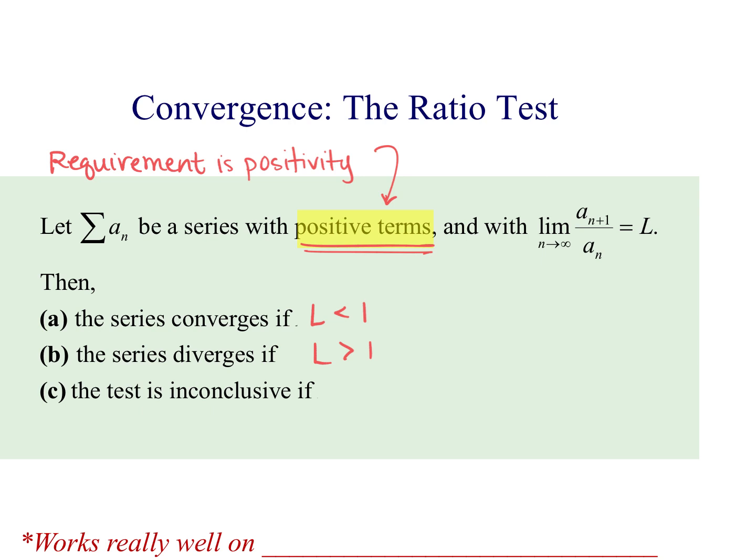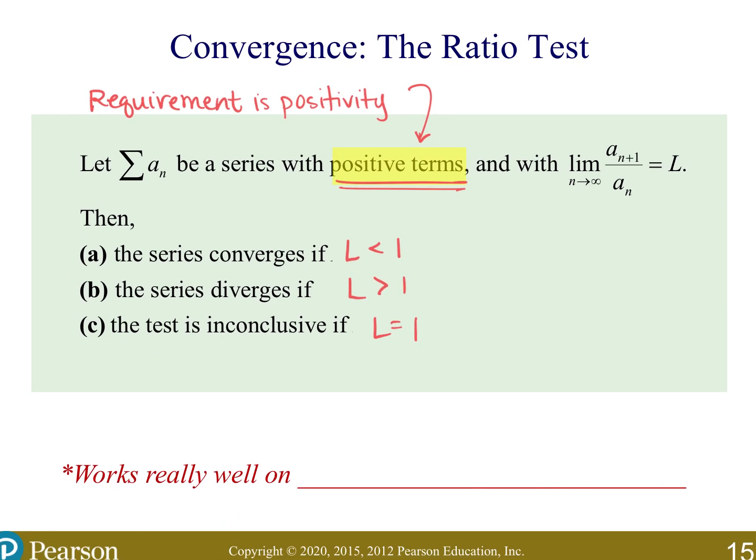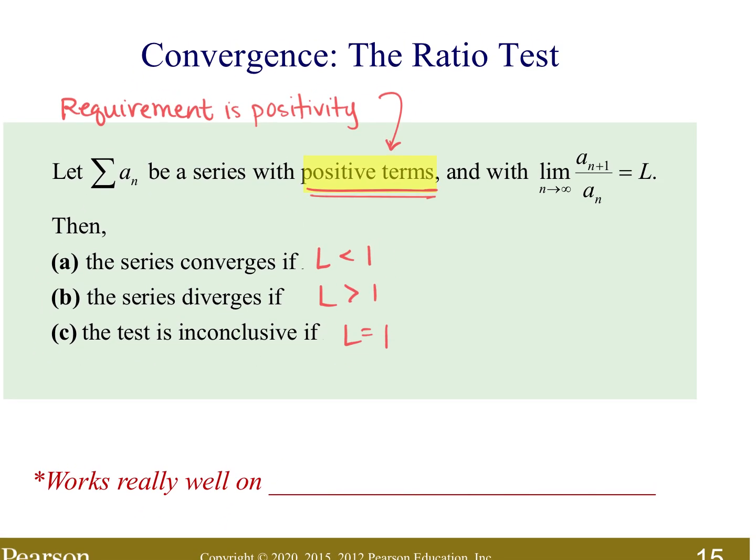Pi, square root 2, 10, anything greater than 1. So what's the only other option? If L is equal to 1, then we are still inconclusive. So this works really, really well on two different kinds of problems. It works great on exponentials.